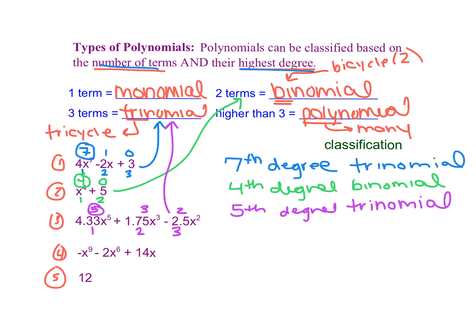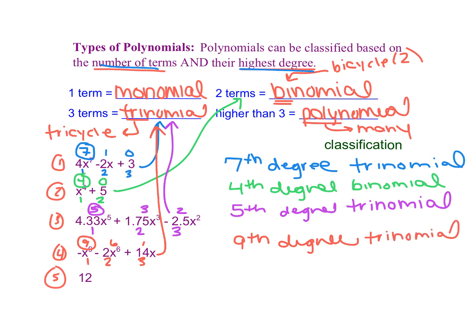Then again, the next one, I notice that I have degrees of 9, 6, and 1, with 9 being the highest. So here I have a 9th degree. And then 1, 2, 3 terms being added, so it's a trinomial.